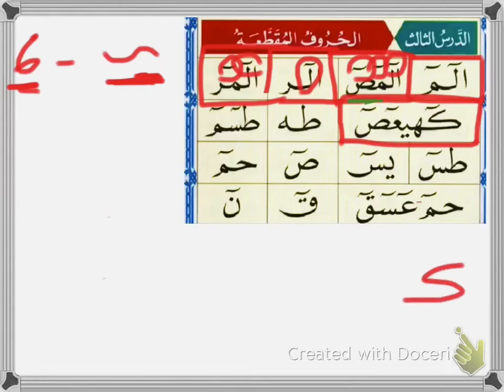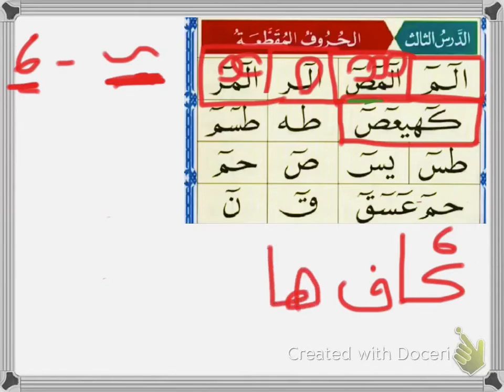Kaf. How much? Kaf has the sign, so it's 6, the length of the mad. After that we have Ha. Ha is 2, just like this Ra.